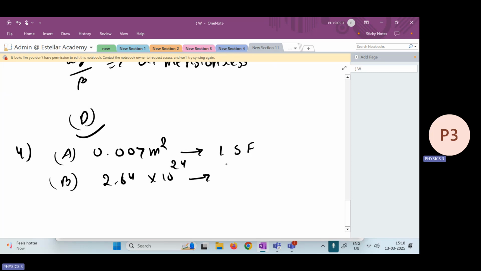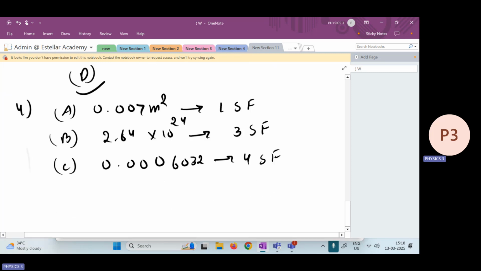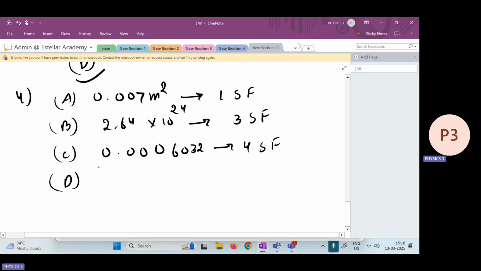It has three significant figures. In the C option, we have 0.0006032. It has four significant figures. And in D option, we have 6.3200. So it has five significant figures. So D option would be the correct answer.